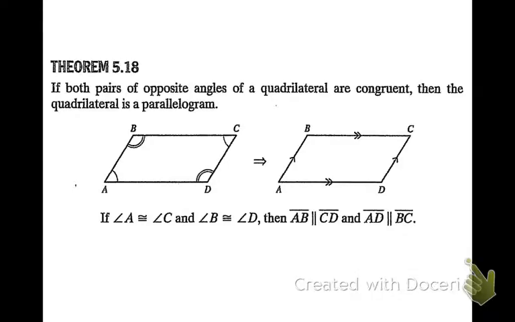That means opposite sides are parallel. If all the opposite sides are congruent, we can say it's a parallelogram. Or now we can say if the opposite angles are congruent, it's a parallelogram. There's three ways we can identify something as a parallelogram.